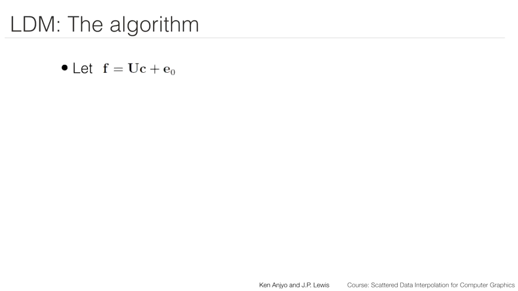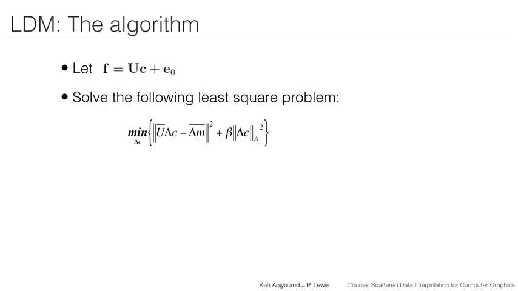Then suppose that we have the face vector expression as shown in this first line. And this time we solve the following least square problem. The difference is very subtle but very important. In this case, we didn't use the Euclidean norm for the second term for regularization.